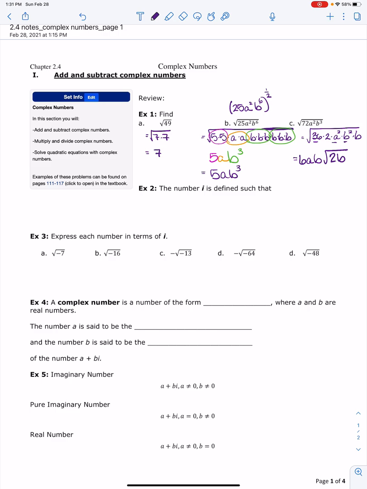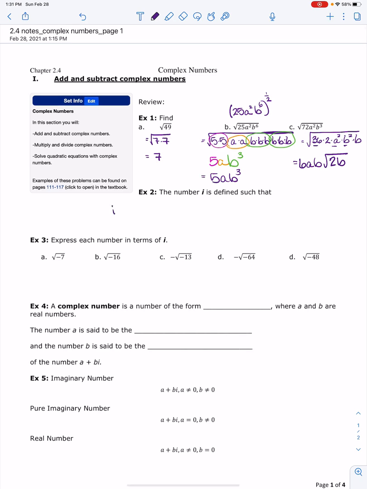So we have got a number i defined such that i is the square root of -1, which means if I square both sides, I will get i squared equals -1. And these are the two most useful ways to work with i's and the radicals of -1.